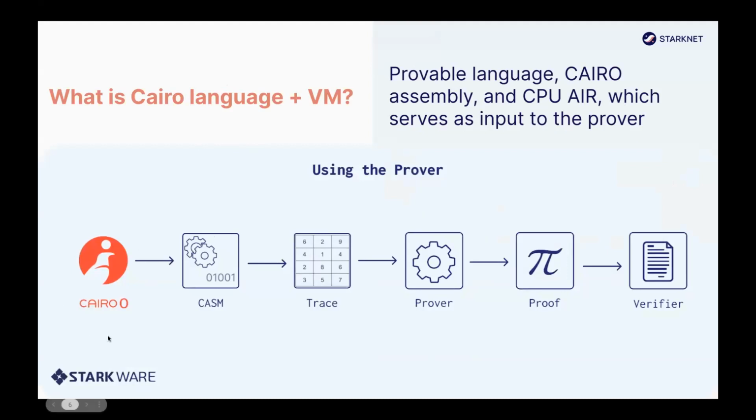Here it says Cairo 0, but with Cairo 1, you get Cairo 1, Sierra, and then CASM, which then generates the trace. Of course, there are a lot of transformations before it goes to the prover, but this alludes to the fact that we have 3 registers in the VM, and at each step we need to save the results of the state transition function.